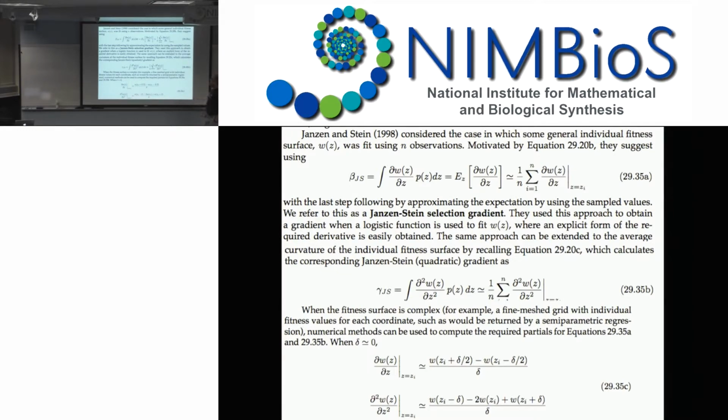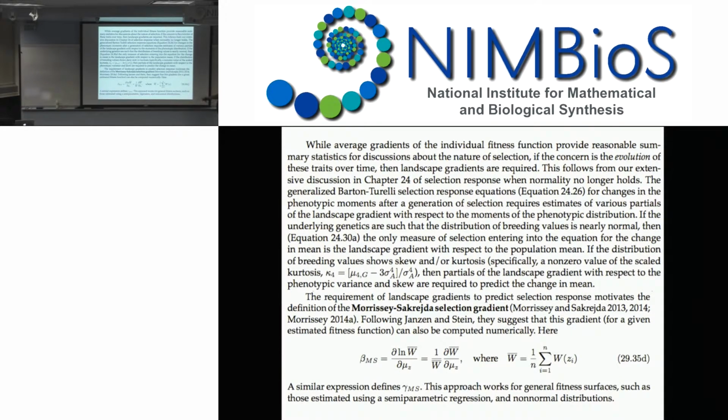I use the JS to remind you of those because these may differ, but these are making no assumptions about normality. Now, the issue, of course, is what do they tell you? They just give you average curvature. They're not really that useful for predicting selection response. But nonetheless, they allow you to compute gradients, in this case average slope and average curvature, on completely generalized fitness functions.